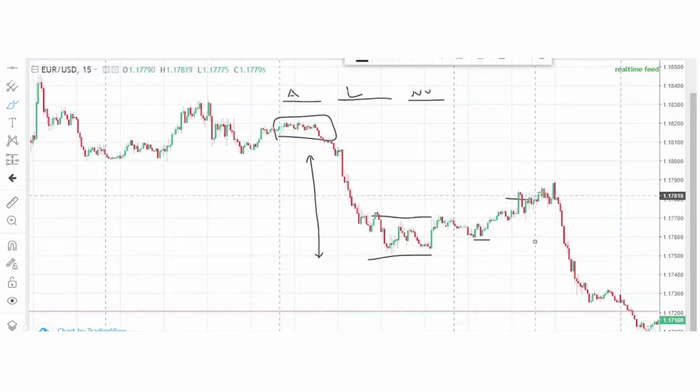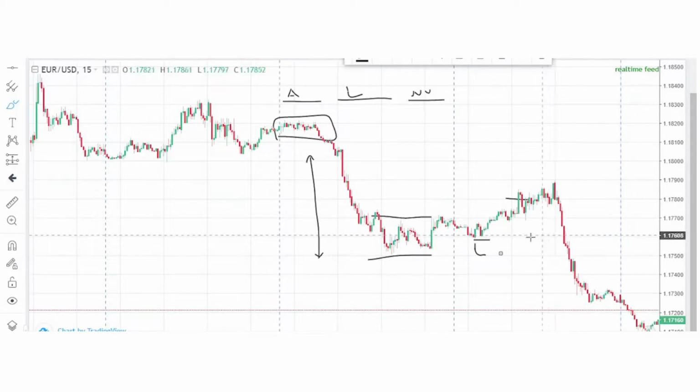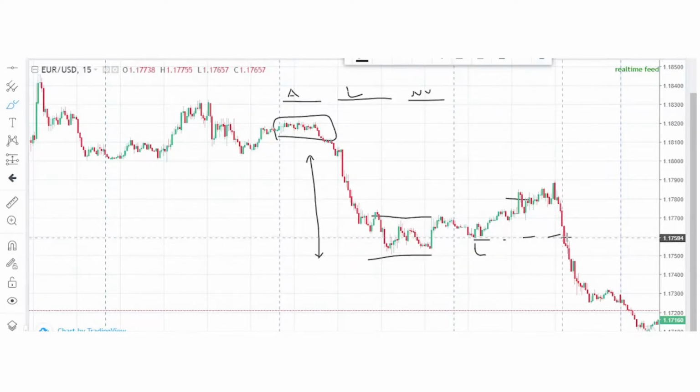Okay, so you are looking for the market to break the Asian session below. So this is the low of Asia. Then you wait, then the market starts dropping, and it breaks Asia right about here.